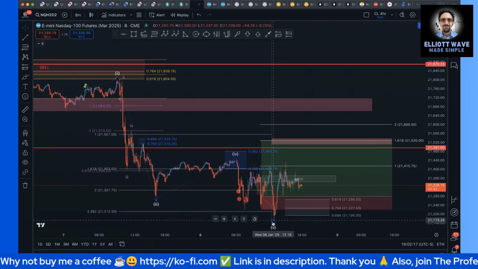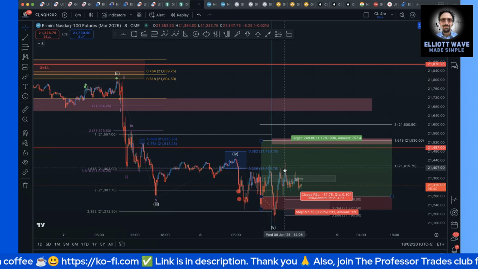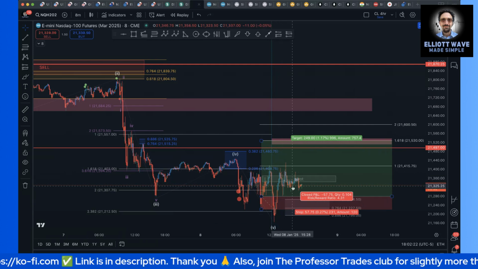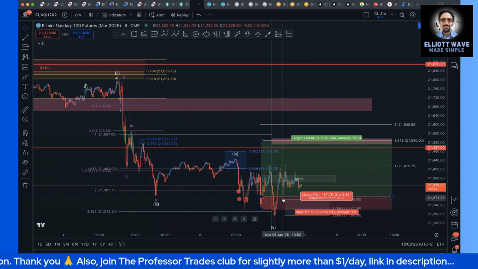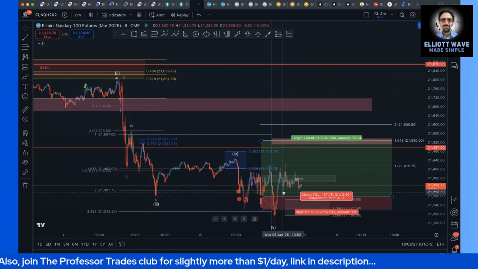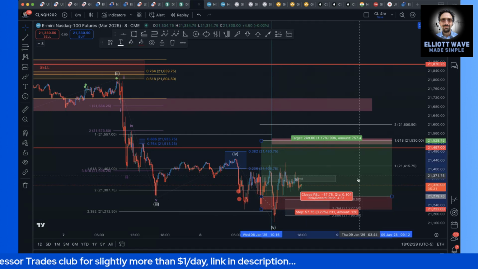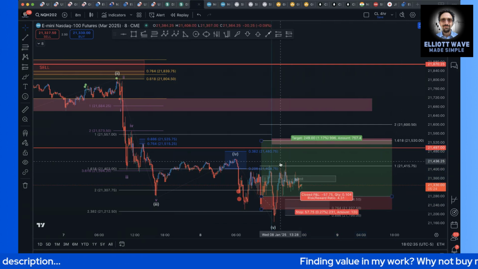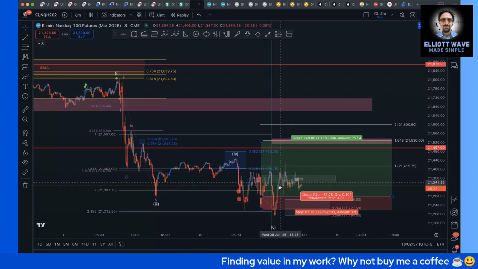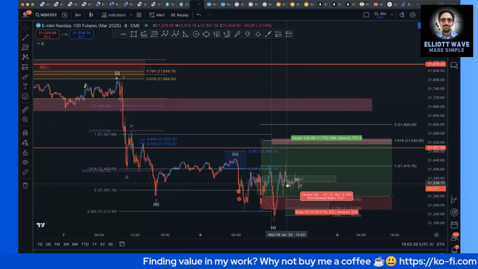Honestly, this kind of looks like, man, I don't have a lot of edge right here, but it's possible this hasn't concluded 5 up yet.